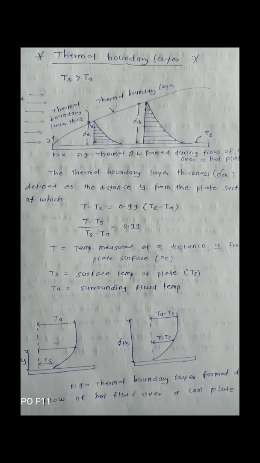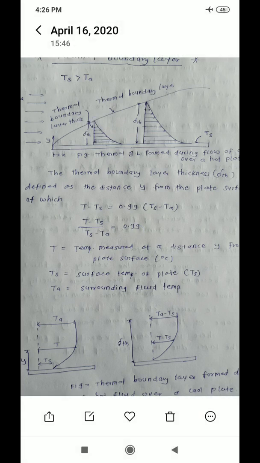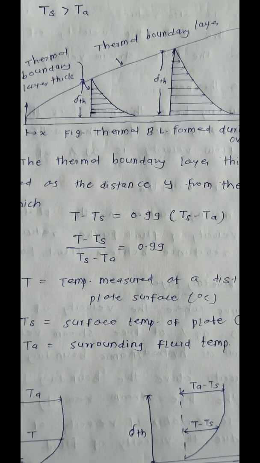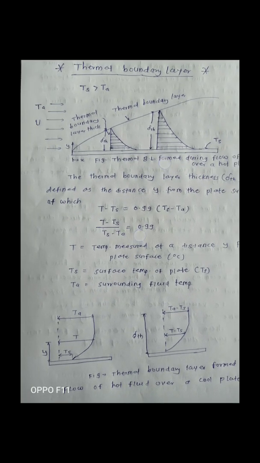If we put the values of temperature T, Ts, Ta into this equation and we get 0.99, then at that distance, whatever thickness is present, that is the thermal boundary layer thickness. In the last lecture we discussed the velocity boundary layer thickness. In that we said it is the thickness up to which the velocity at that point is 99% of the free stream velocity.